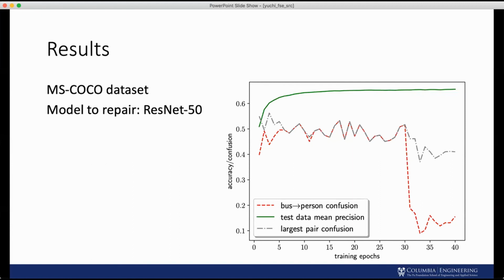We trained the original model for 30 epochs, and we found that bus is most confused with person. As you can see in the figure, we applied the new loss function after 30 epochs. The confusion starts to decrease to very low. The mean precision of the model, the green line, even increases after we repair.